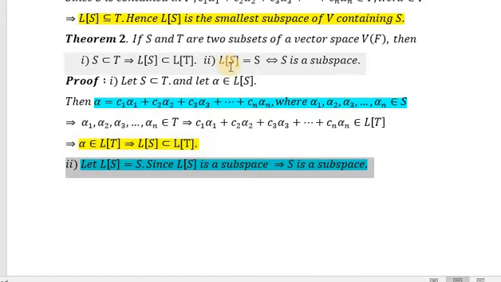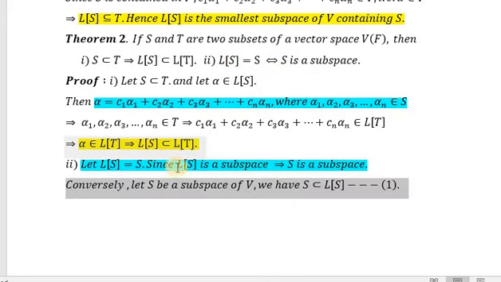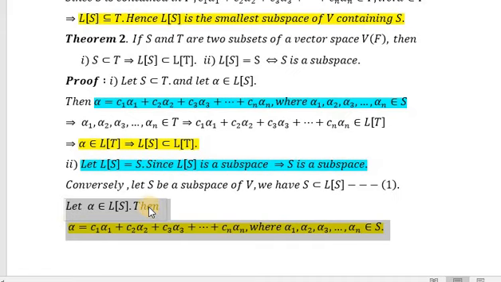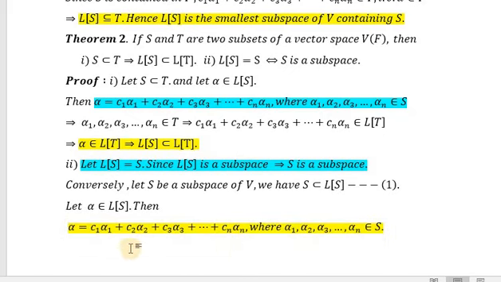Second, we have to prove that the linear span of S is equal to S. To prove that, let us consider L(S) equal to S. Since L(S) is a subspace, S is a subspace. Conversely, let S be a subspace of V. We have S is a subset of L(S). Let one element alpha belong to L(S). Then alpha is a linear combination, c1 alpha 1 plus c2 alpha 2 and so on up to cn alpha n.